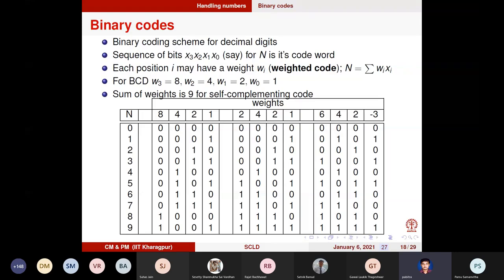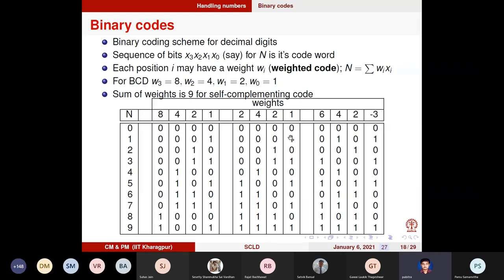These binary strings, in our language, we'll call codes. In a weighted code, the decimal value for a particular binary string is sigma wi xi, where xi is the value of the binary bit at the ith position, and wi is the weight of the ith position.